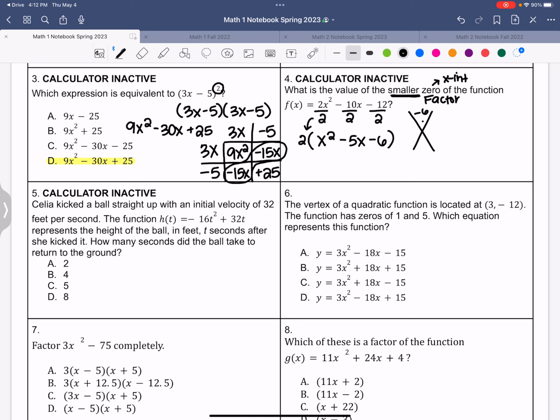Negative 6 multiplies to be negative 6, adds up to negative 5. Let's see, probably 6 and 1, but it could be 3 and 2. Let's see. Negative 6 plus 1 is negative 5. So there are our factors.